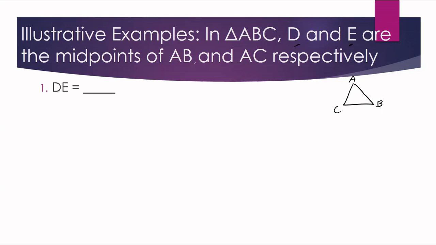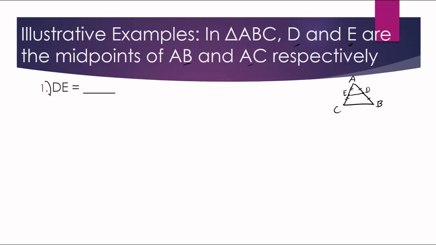Point D and point E are the midpoints of AB and AC respectively, which means the midpoint of segment AB is point D, and the midpoint of segment AC is point E. If we join these midpoints, we have segment ED, which is our midline. So this is the illustration.